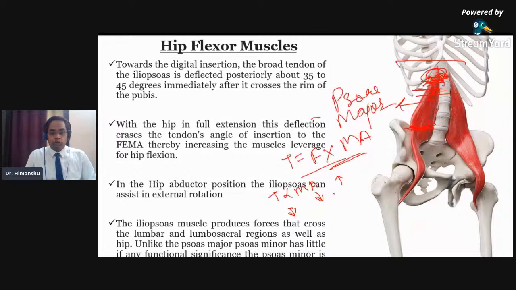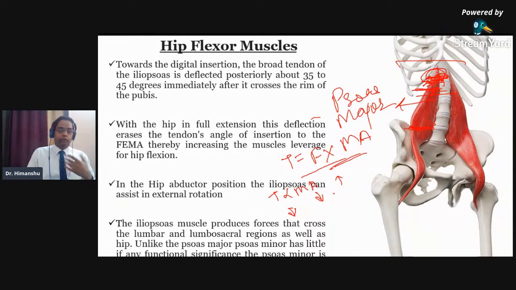So the psoas major for the upper lumbar spine is a good stabilizer, and the same psoas major for the lower lumbar spine, because of the increased moment arm, becomes a relatively better mobilizer. It can act as a mobilizer for the lower lumbar spine in the sagittal plane, that is, it can act for flexion.